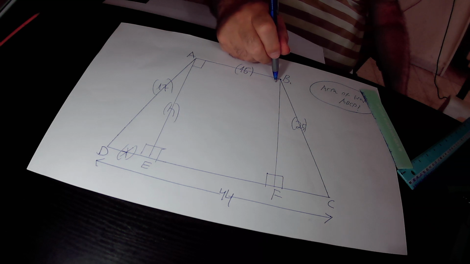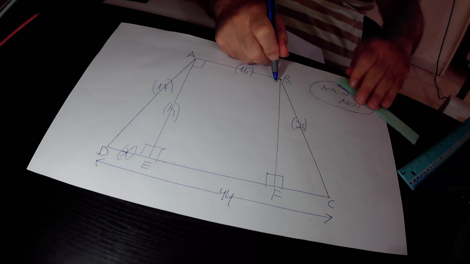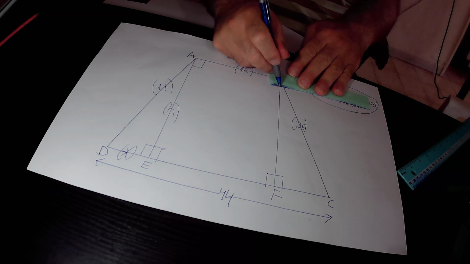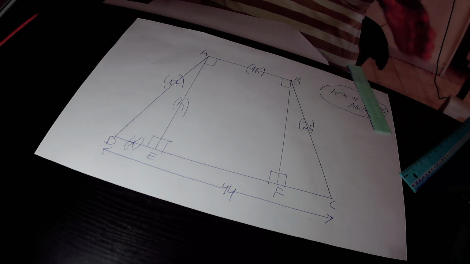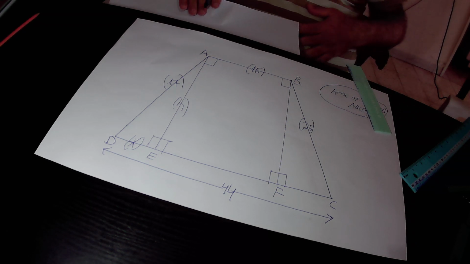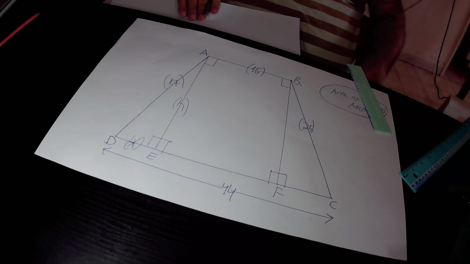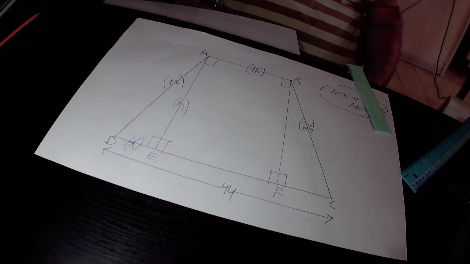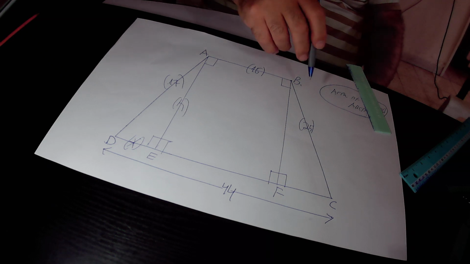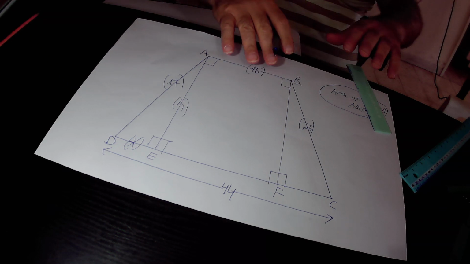Therefore this fourth missing angle must be equal to 90 degrees. So inside quadrilateral ABFE we have 4 right angles. And according to rule 5, any quadrilateral that has 4 right angles must be a rectangle or a square. So we relate to quadrilateral ABFE as a rectangle because it has 4 right angles.